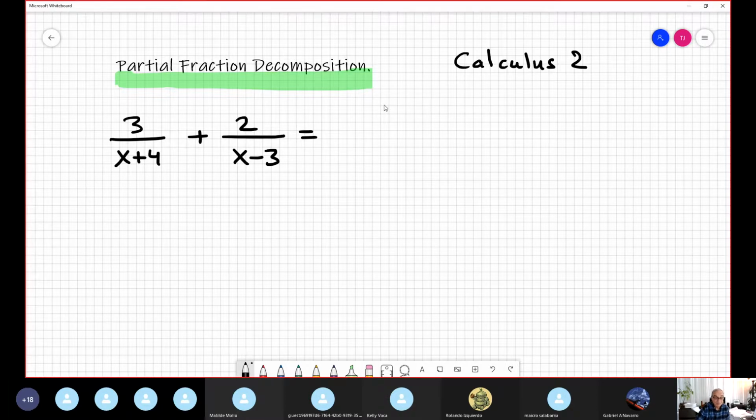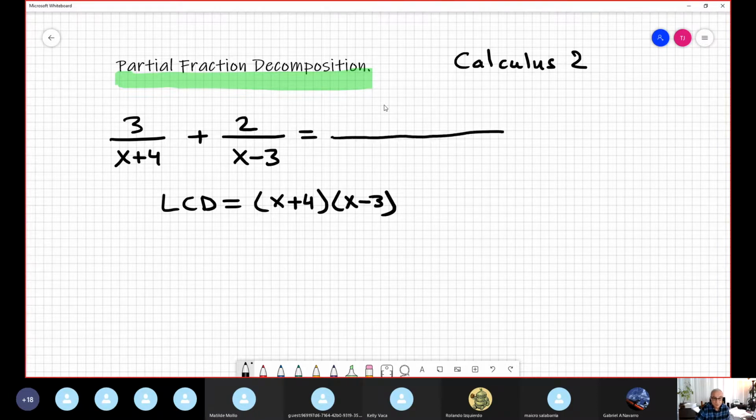Find the least common denominator. The least common denominator obviously is x plus 4 times x minus 3. You take both factors and you put them at the bottom. And you divide the LCD by each denominator one by one, of course, and multiply by the corresponding numerator. So it's 3 times x minus 3 plus 2 times x plus 4.